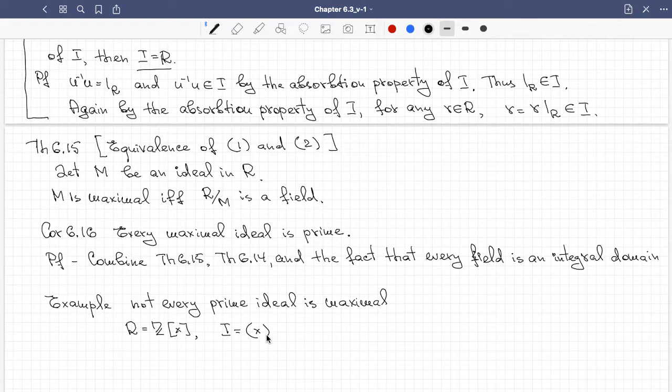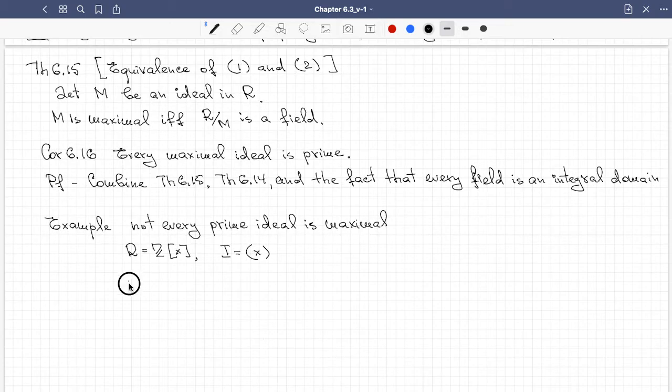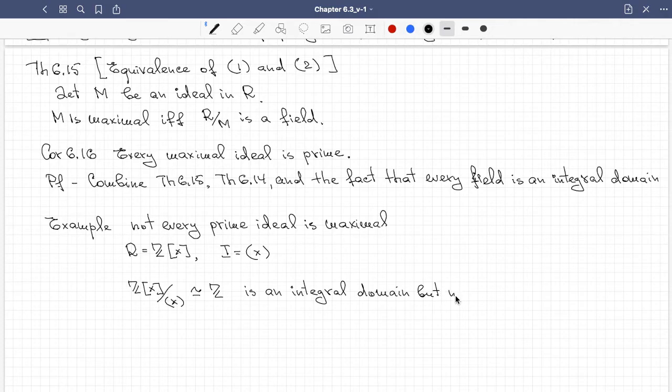We already discussed above that the factor ring, the quotient, is isomorphic to Z, and Z, the ring of integers, is an integral domain but not a field.